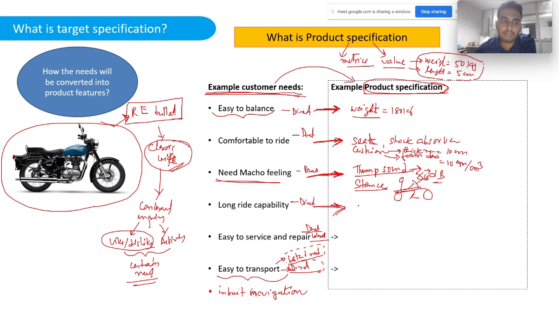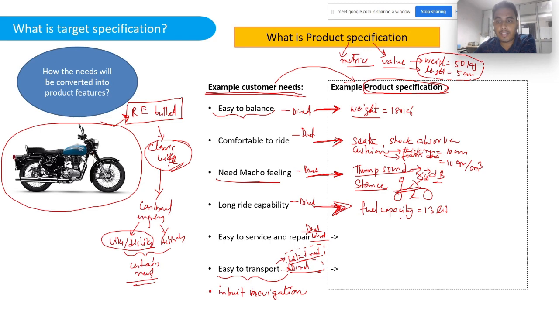It should also have fuel capacity, how much petrol it can hold in a single go. That can also be a specification. Fuel capacity for long ride is correct, for example, 13 liter. But what you said earlier, that it can go long run, does not define anything for you to design.